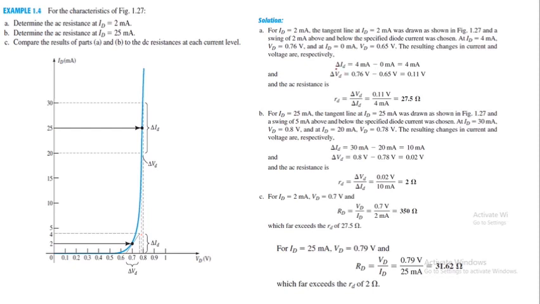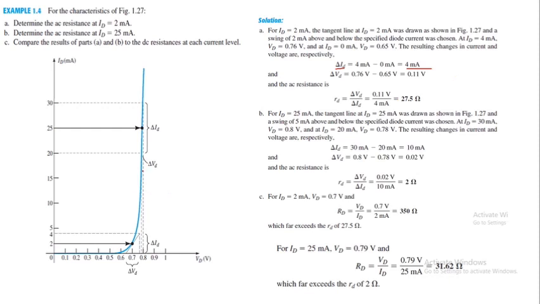This will give us the change in ID, or delta ID. You can find delta ID by subtracting the lower value from the higher value, that is 4 milliampere minus 0 milliampere, which gives a change of 4 milliampere.